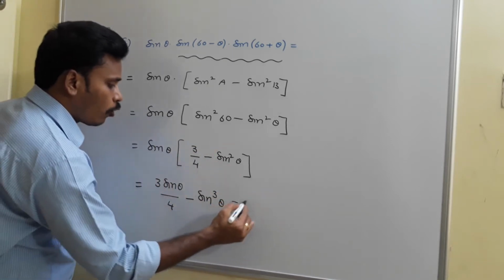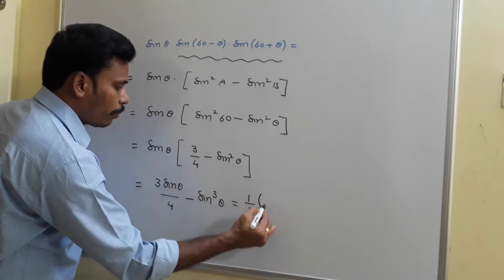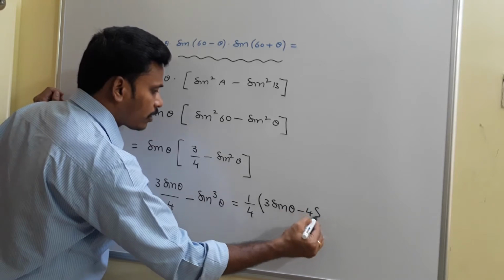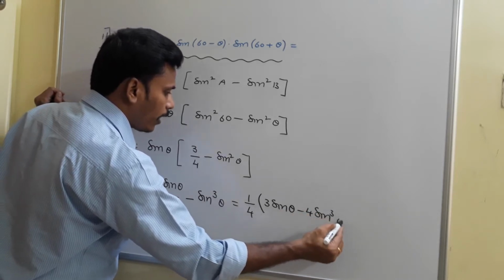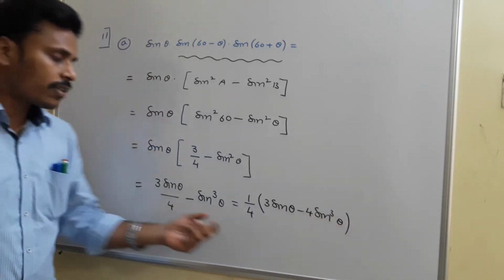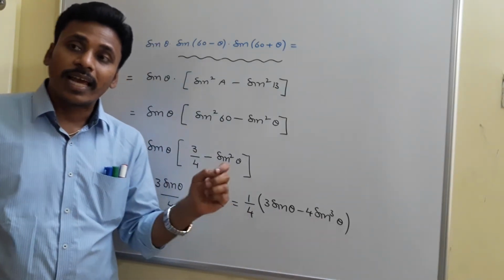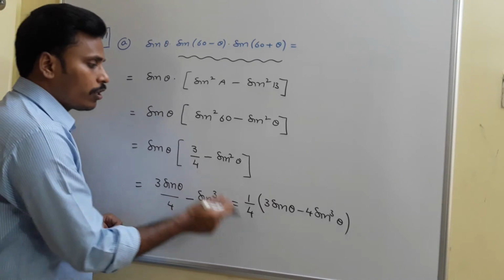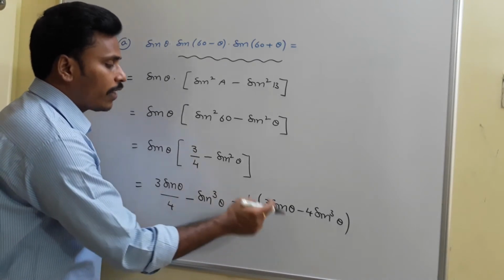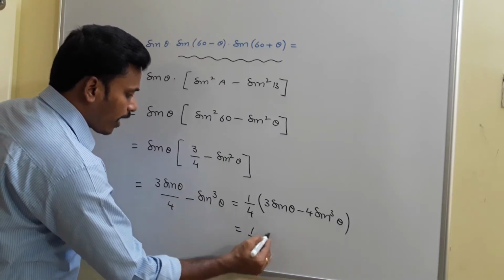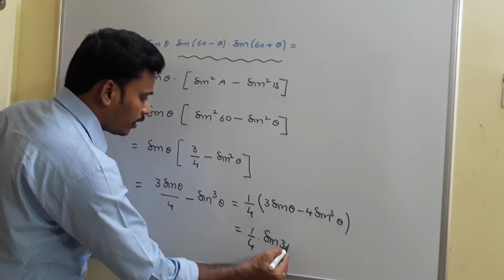If you common out 4, I can rewrite it like this, 1 by 4 of 3 sin theta minus 4 sin cube theta. And now just have a look, 3 sin theta minus 4 sin cube theta is nothing but sin 3 theta. So 1 by 4 is there, 1 by 4 sin 3 theta. So this is equal to 1 by 4 times sin 3 theta.